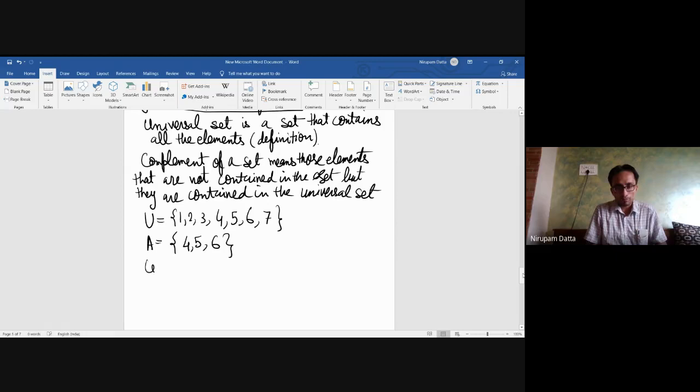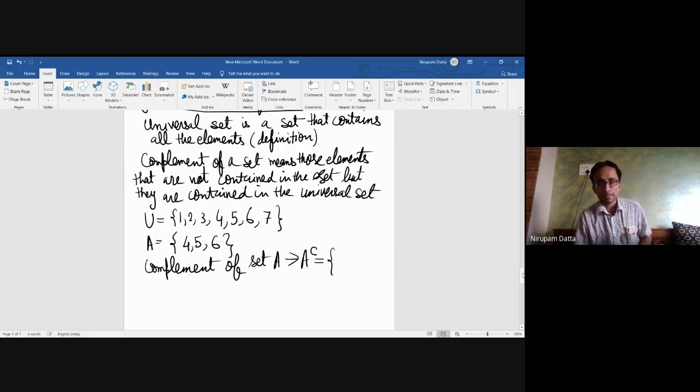When we write the complement of set A, we denote this by the symbol A with a superscript of C. So A superscript C denotes the complement of set A. This is itself another set. It means the set of those elements that are not contained in set A, but they are contained in the universal set.